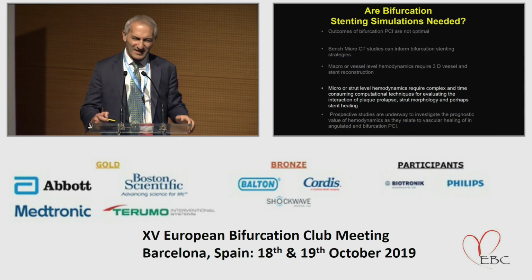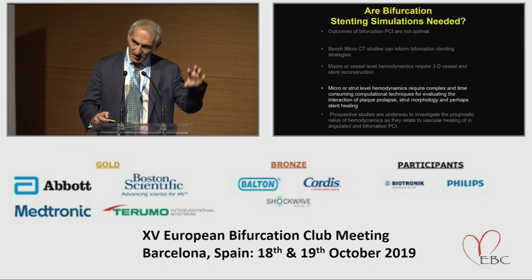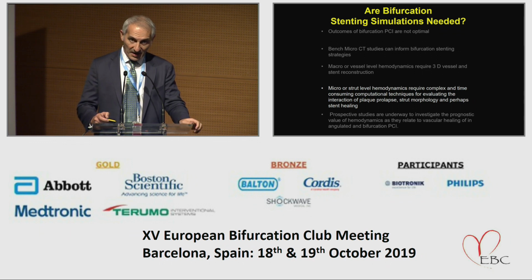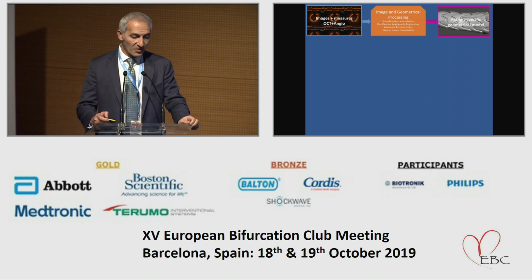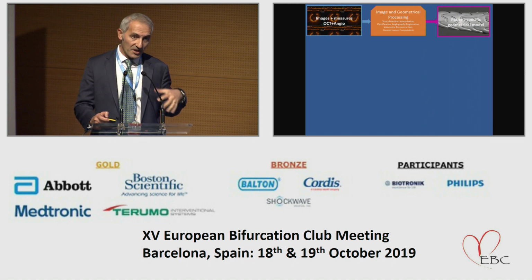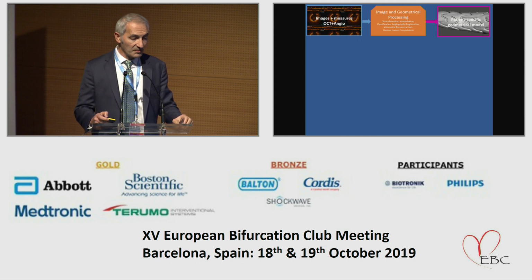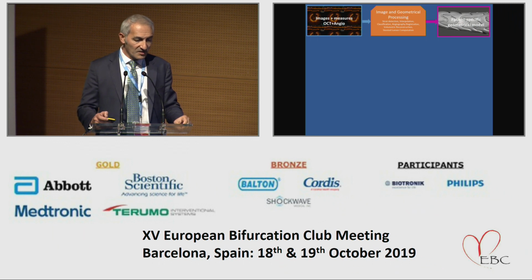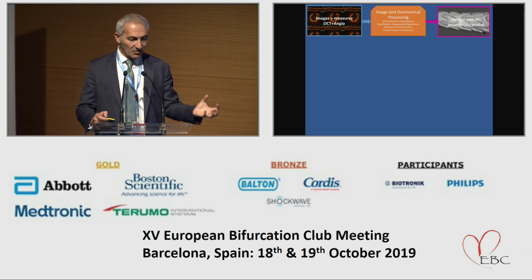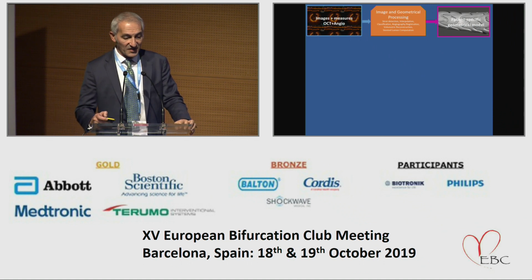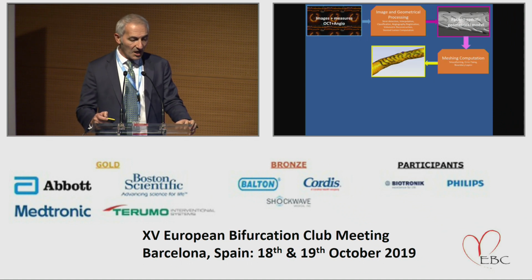But really, you might say, gosh, there's more to this than just the big vessel. Let's dive in at the micro level. There's a lot we've learned. But what I'm learning from our engineering colleagues is that reconstructing the stent platform itself is extremely complex. There's very detailed angiographic and OCT work that needs to be done to get patient-specific geometric models.